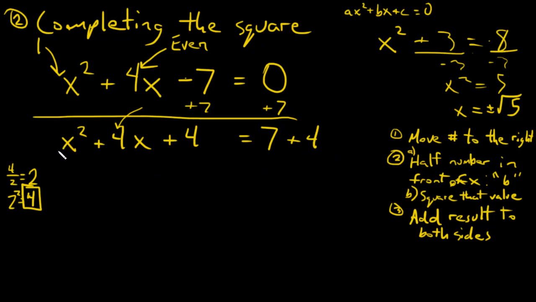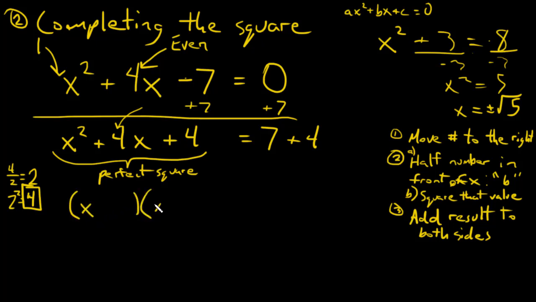Because now this quadratic is a perfect square waiting to happen. What do I mean by perfect square? This is, if I factored it, 7 plus 4 is 11, I would get x plus 2 times x plus 2.